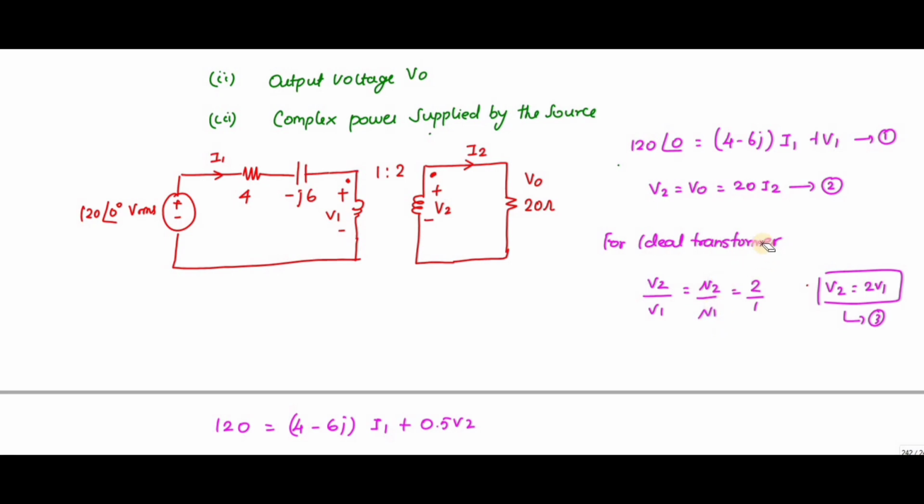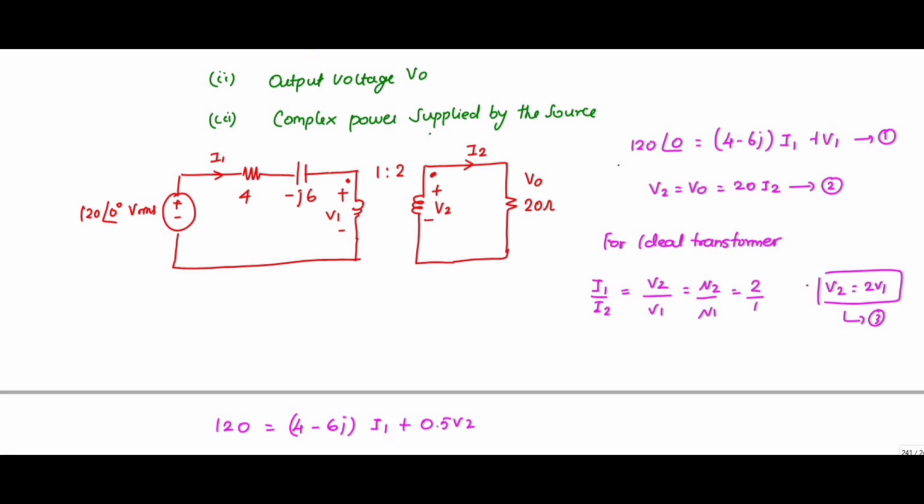Here you can see the current I1 is entering this dot and I2 is leaving this dot, so I can write V2 by V1 is equal to I1 by I2 is equal to N2 by N1. If both the currents are entering or both are leaving, it becomes minus N2 by N1. Here for the primary, I1 is entering this dot and I2 is leaving this dot for the secondary.